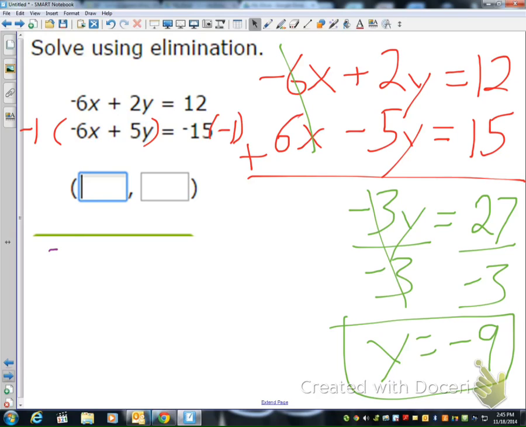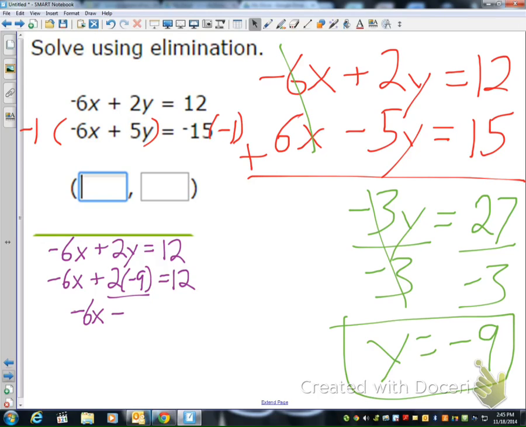So, -6x plus 2 times y equals 12. But I'm going to replace y with -9, so -6x plus 2 times -9 equals 12. So I get -6x minus 18 equals 12.